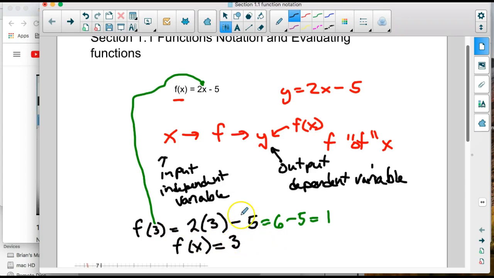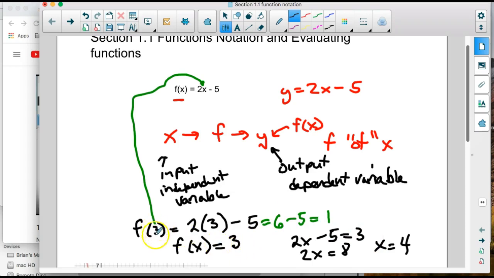What we would do there is take our function, which is 2x minus 5, and set it equal to 3 and solve. So you'd add 5, and you get 8, and you divide by 2, and you get 4. So 4 is the input value that will give you 3 as your output value.